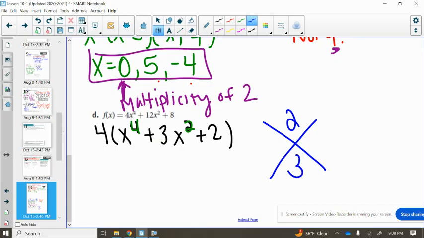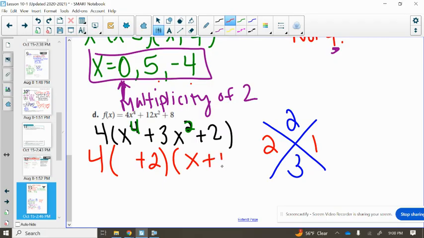What multiplies to be 2 and adds to be 3? Well, 2 and 1. But this time, when we do the plus 2 and the plus 1, instead of just calling this x, because of the 4 and the 2, we make it x squared, and this is our factored form.